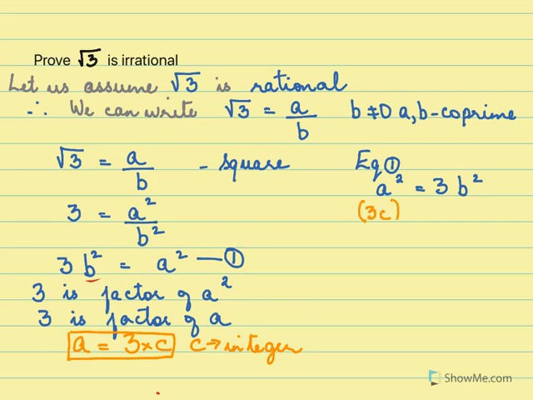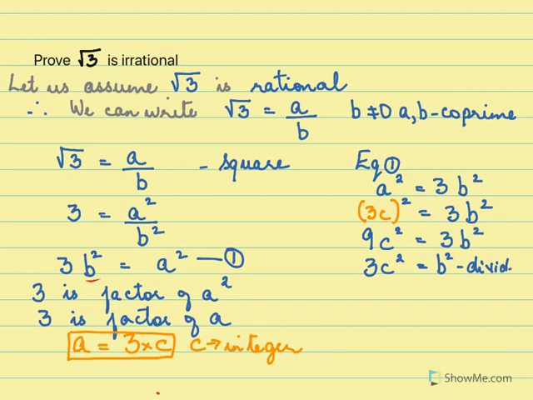So for a I will put 3c, and this whole square is equal to 3b square. That is 9c square equal to 3b square. I divide the whole equation by 3, so I get 3c square equal to b square.